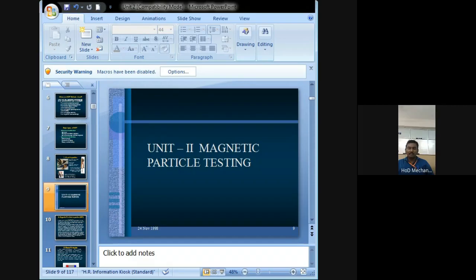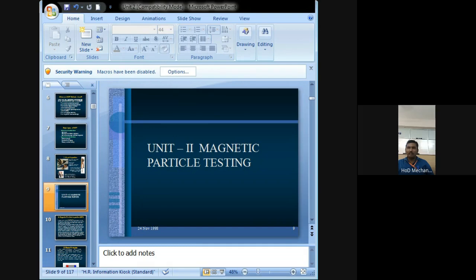Two types of magnetic particle testing are available. One is the dry particle technique and another one is the wet fluorescent technique. And the unit will also cover demagnetization.